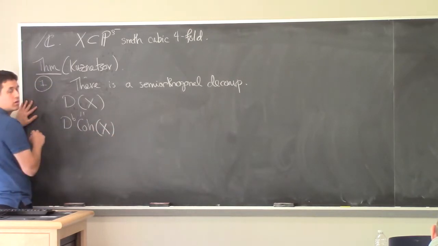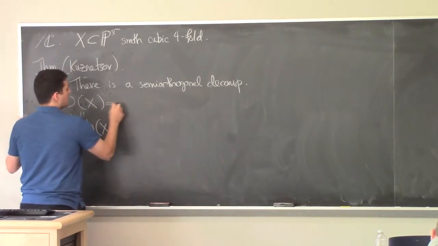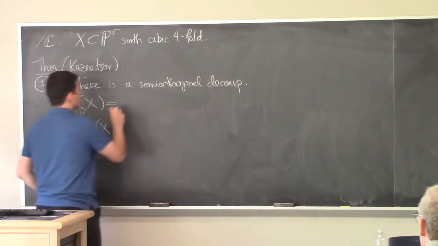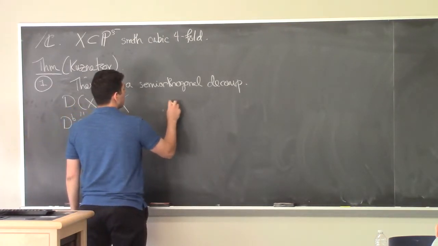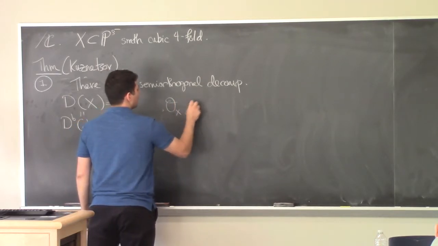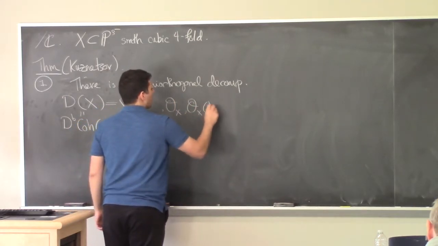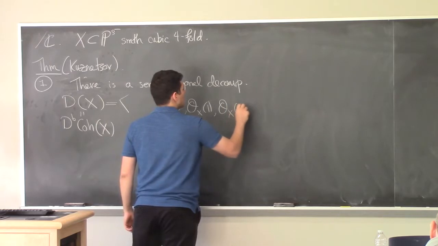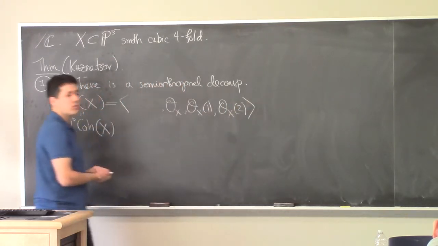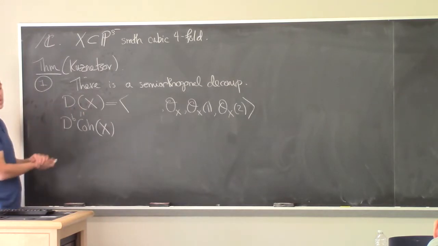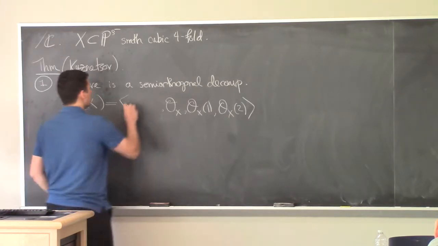This thing has a semi-orthogonal decomposition that looks as follows. There are three simple pieces: O_X, O_X(1), and O_X(2). So there are two line bundles, and then there's an interesting piece.